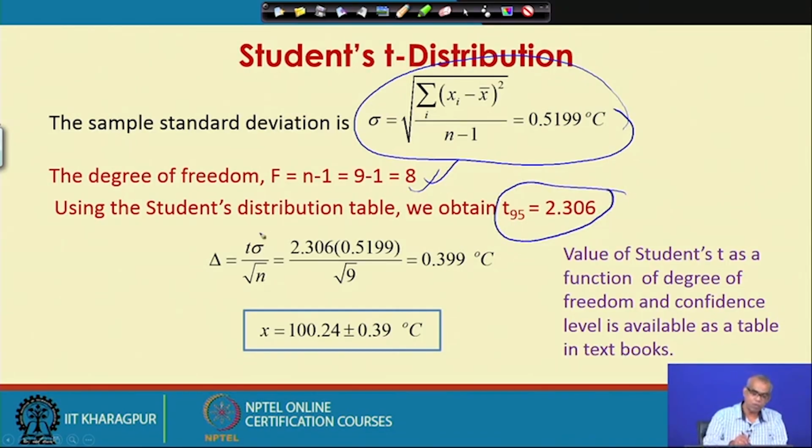Now, let us make use of this formula to compute the level of uncertainty, which is t into standard deviation divided by square root of n.